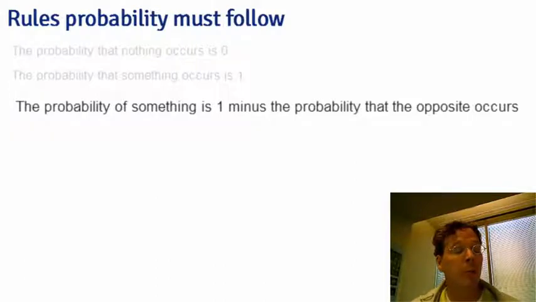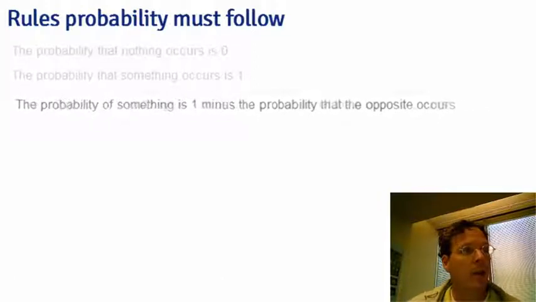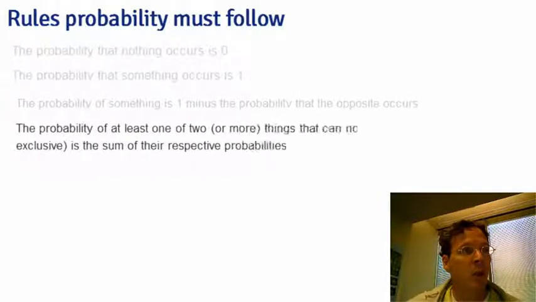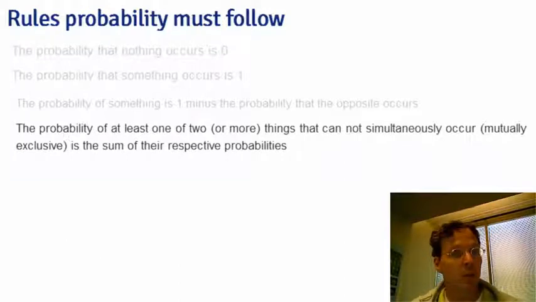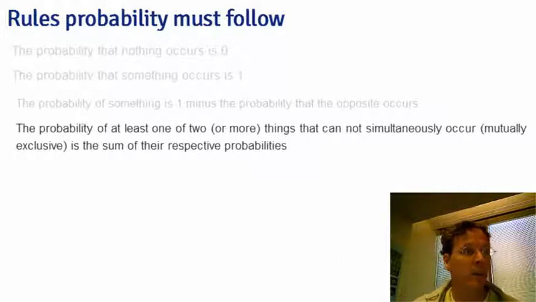So the probability of getting an even number when I roll the die is 1 minus the probability of getting an odd number, because the odd numbers are the opposite of getting an even number in the context of a die. The probability of at least one of two or more things that cannot simultaneously occur, we call sets of things that cannot simultaneously occur mutually exclusive, is the sum of their respective probabilities. This was part of the basic definition that we outlined in the previous slide.